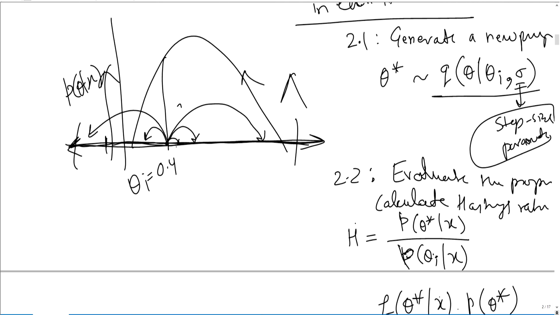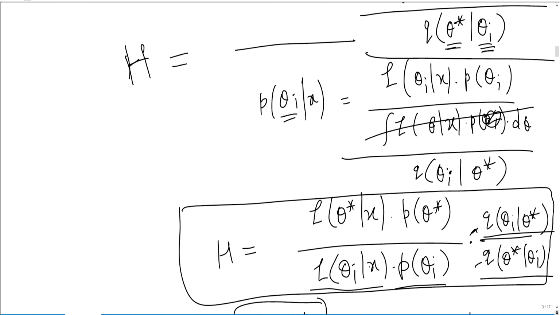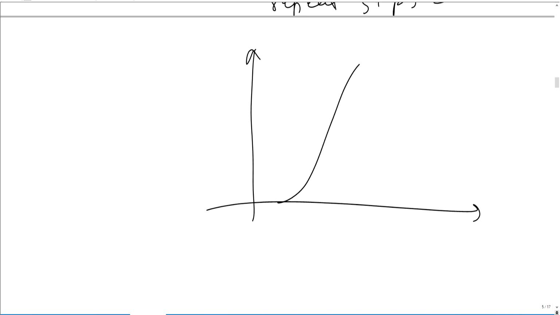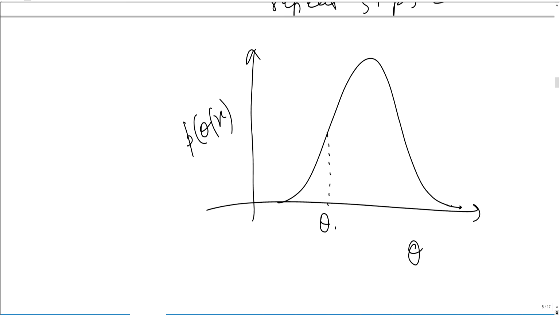Now, let me explain the importance of the step size parameter. What happens is this: let's suppose this is your actual true posterior distribution, P of theta given x, here you have theta, and let's say this is the current state of the chain theta I. Suppose your step size sigma is too small.